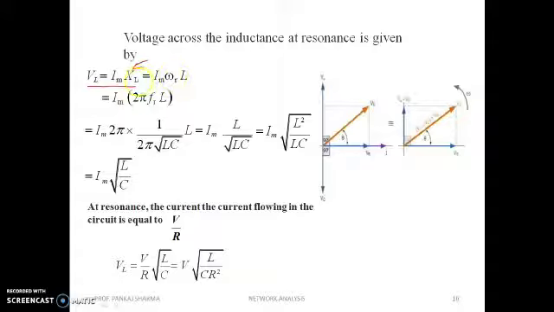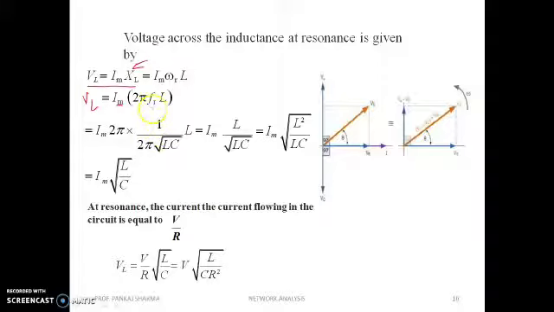Put the value of XL, Im omega_r L. Omega_r is your 2 pi f_r. So VL is equal to Im into 2 pi f_r L, which is equal to Im 2 pi.